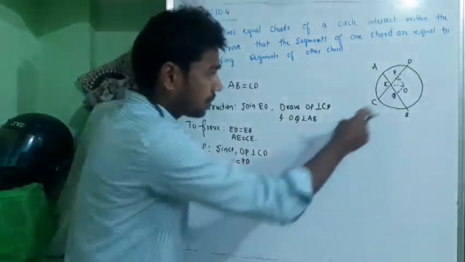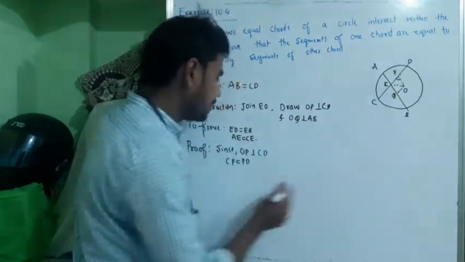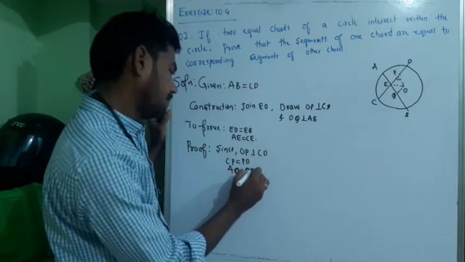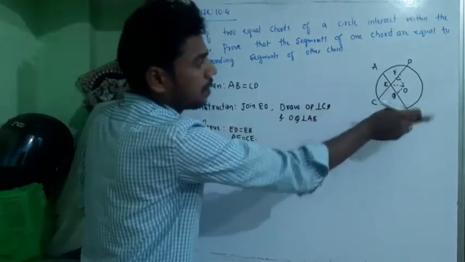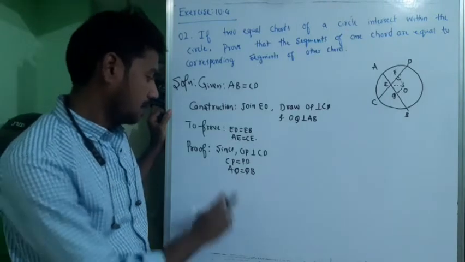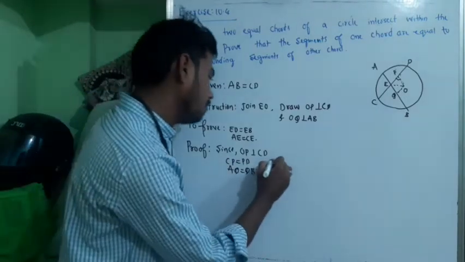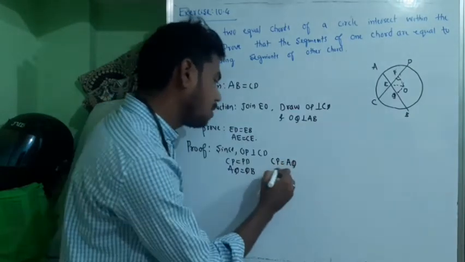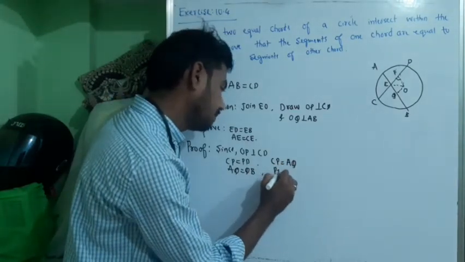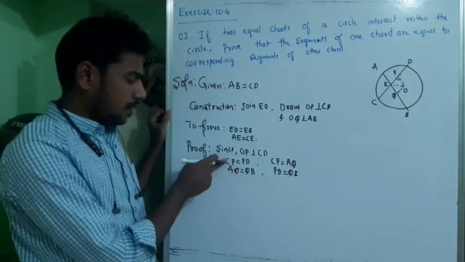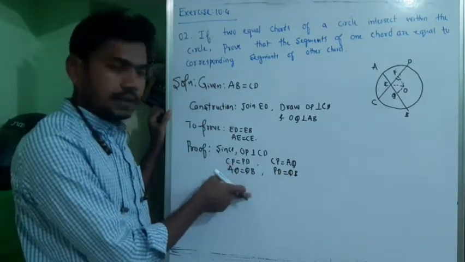Now AQ is equal to QB. Or else what we can write is CP is equal to AQ and PD is equal to QB. So we can equate LHS, RHS.